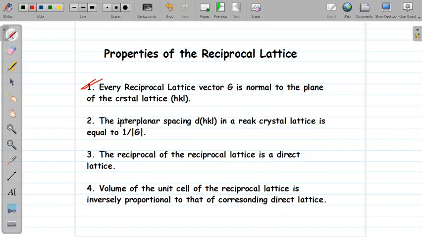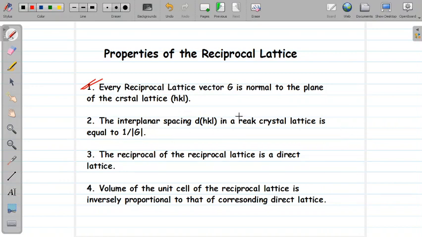Similarly, the second property states that the interplanar spacing d_hkl in a real crystal is equal to 1 by mod G. We know the length of the reciprocal lattice vectors was set by choosing 1 by d, or 2 pi by d, as the length.